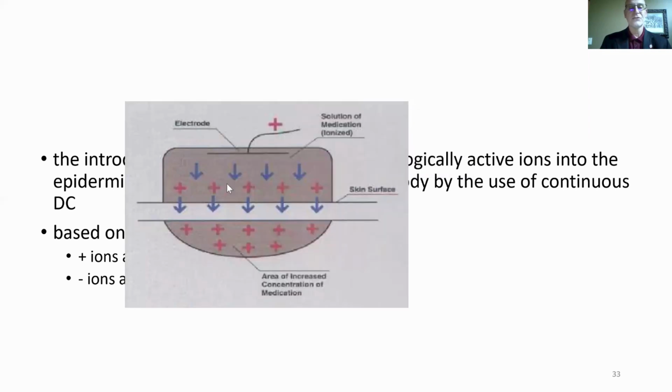In this little graph here, there's a pad with medication in it, and you see the positive pole up there, driving the positive medication into that area of concentration. Now, it does not penetrate very deep, so this would not be used for deep structures.